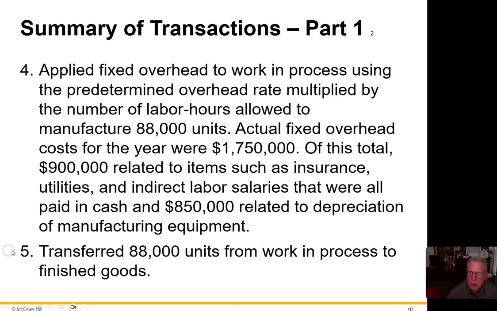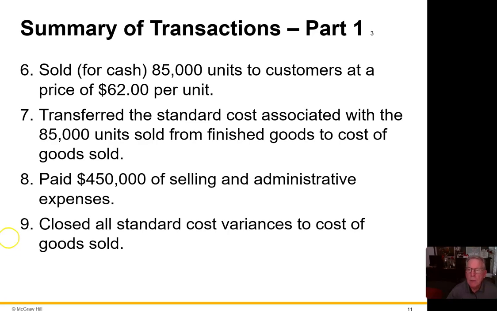Number five, we transferred all 88,000 units from work in process to finished goods. Number six, we sold for cash 85,000 units to customers at a price of $62 per unit.